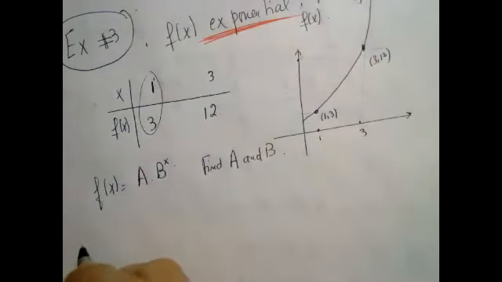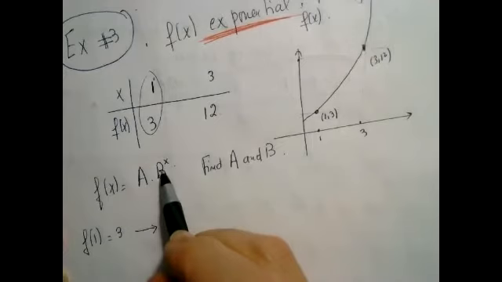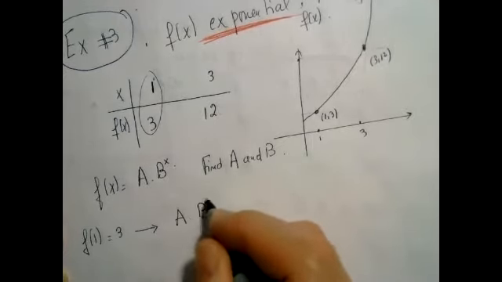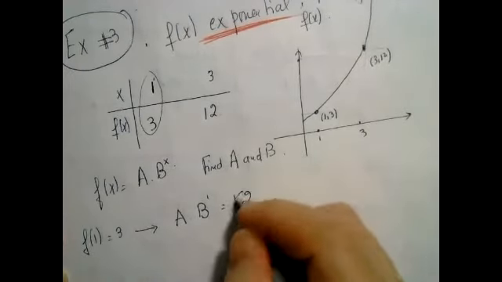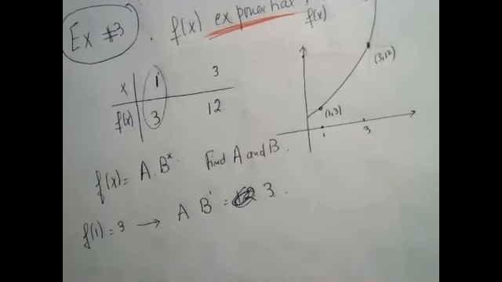I say, okay, my function f takes 1 to 3. What does this mean? It means that if I plug in 1 for x, I should get 3.